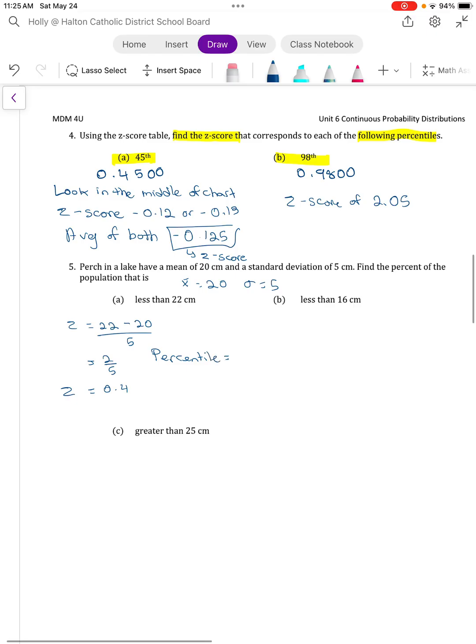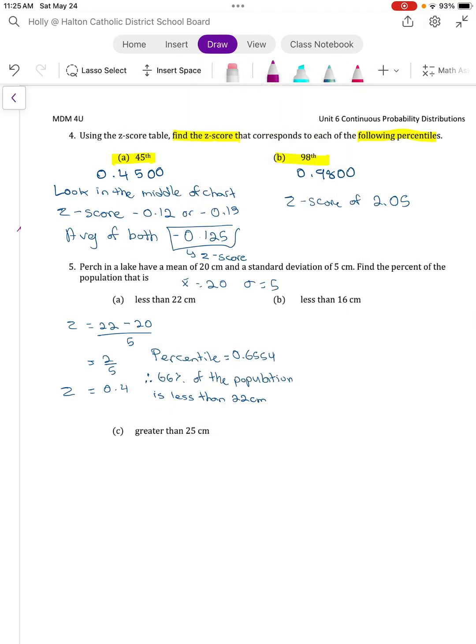Remember, this percentile tells me everything less than 22. So that means 66% of the population is less than 22 centimeters.